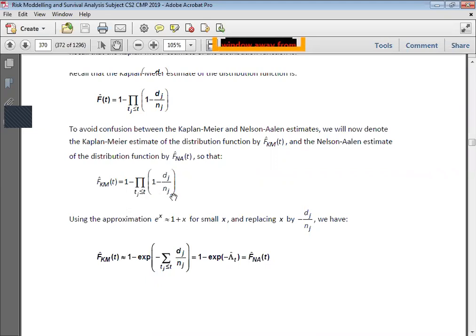Here you have 1 minus this thing, and you use the approximation to write this whole thing as e raised to minus the summation of these terms. And this is nothing but your capital lambda, which is f hat of NA. Remember, e raised to minus lambda was my survival function, and 1 minus the survival function is the distribution function. So these are approximately equivalent to each other.